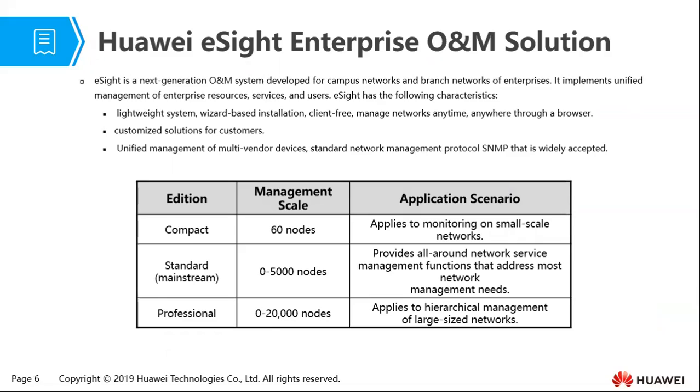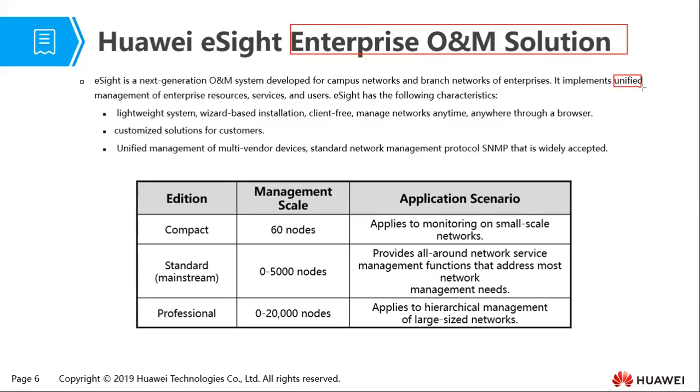So Huawei eSight. Huawei eSight is used for enterprise operation and maintenance. So it's the next generation operation and maintenance system developed for campus networks and branch networks of enterprises.